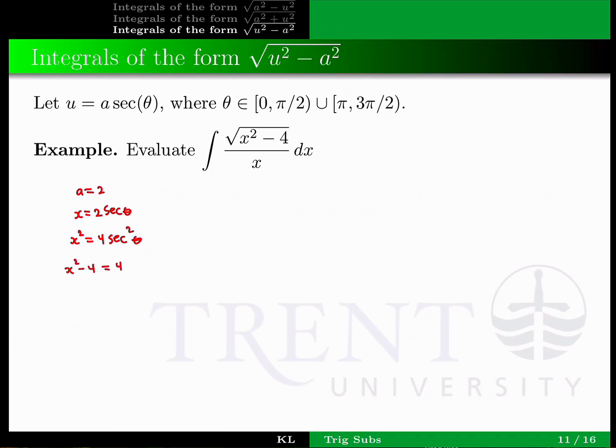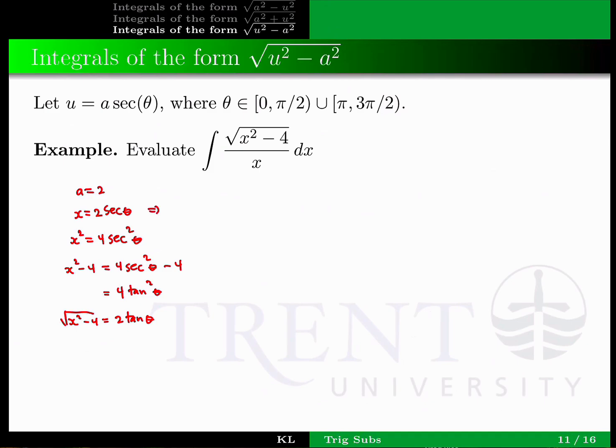You will have here 4 secant squared theta minus 4, and we can skip the factoring and the converting. We'll just have 4 tangent squared theta. We need the square root, so square root of both sides. We will have here 2 tangent theta.